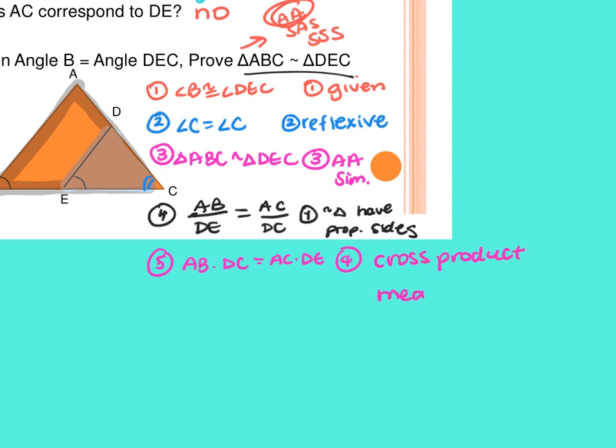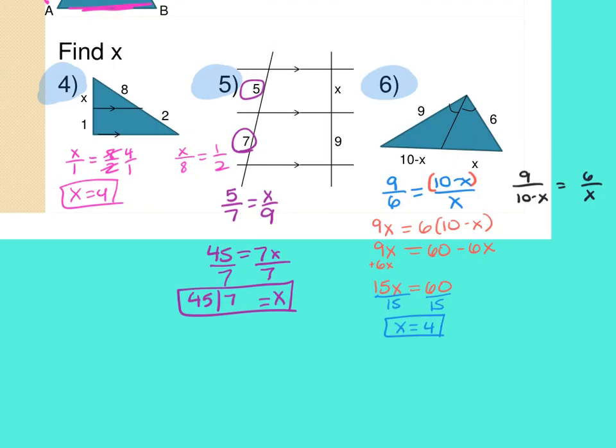So those are variations on what you could see as far as a proof goes on the test.